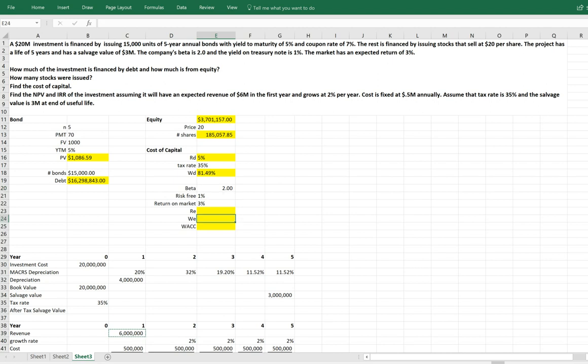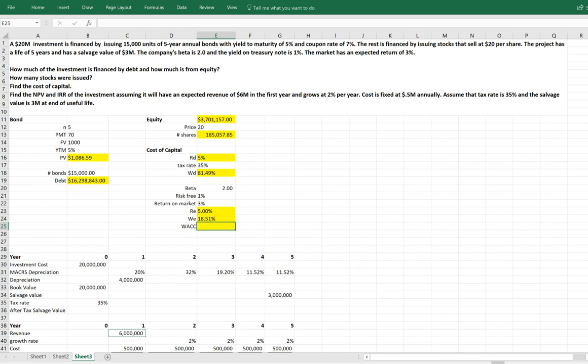Here we're going to use the CAPM. The cost of equity is the risk-free rate plus beta times the market risk premium, which is the return on the market minus the risk-free rate. It turns out to be 5%. The weight of equity would be 3.7 million divided by 20 million, which is also 1 minus 81%.